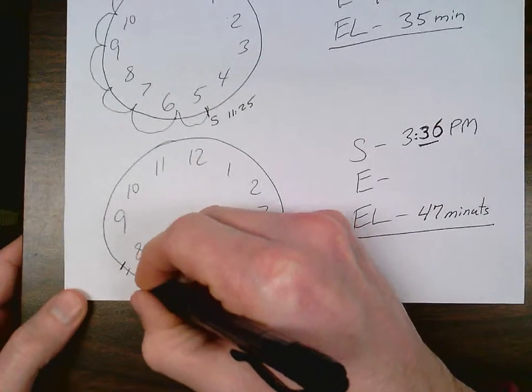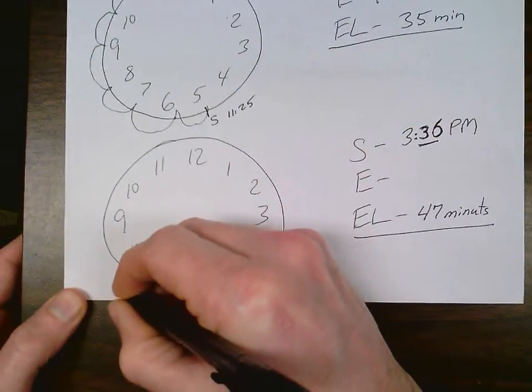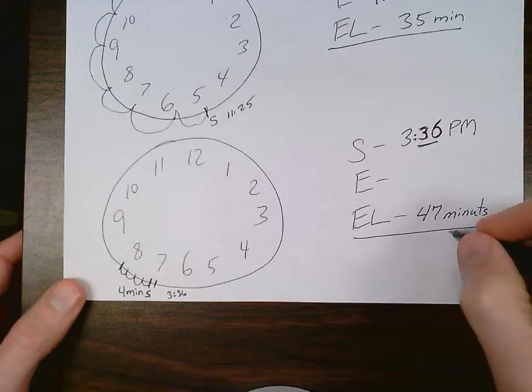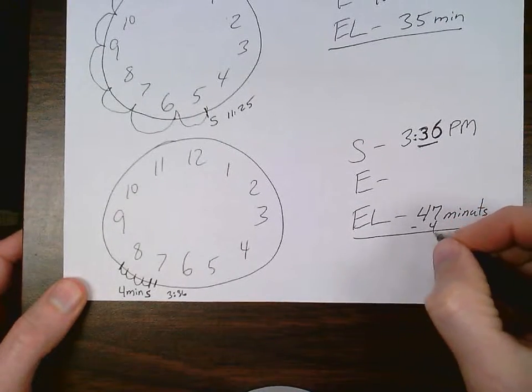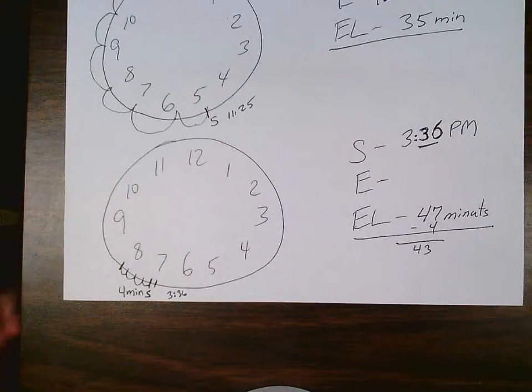So 1, 2, 3, 4. So that's 4 minutes, which means I now have 43 more minutes to go.